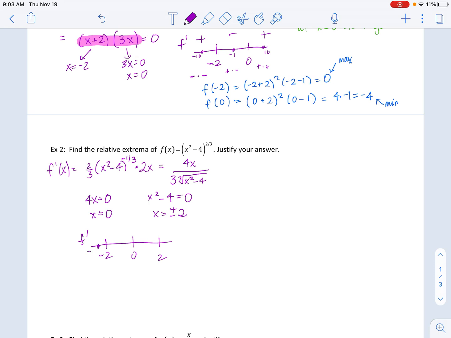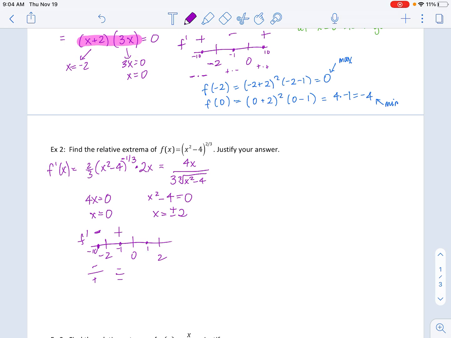I'm going to use negative 10. Okay. The top is negative, and then I'm dividing that by the bottom, which would be positive. So that's negative. If I plug in negative 1, the top is negative, the bottom is negative, so that overall would be positive.